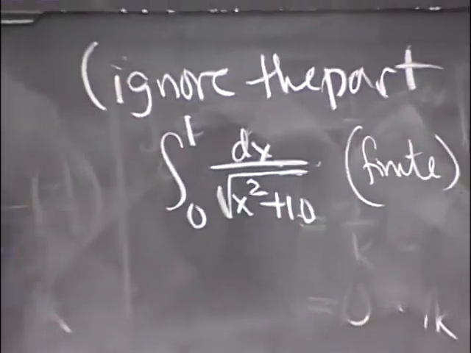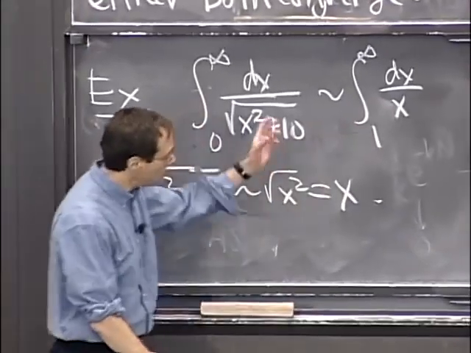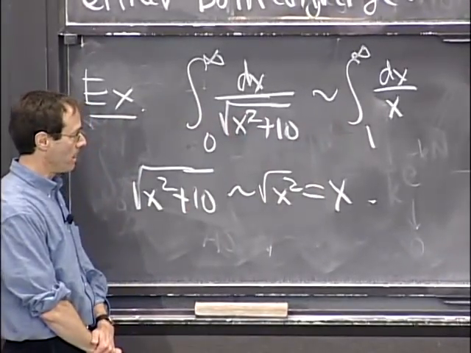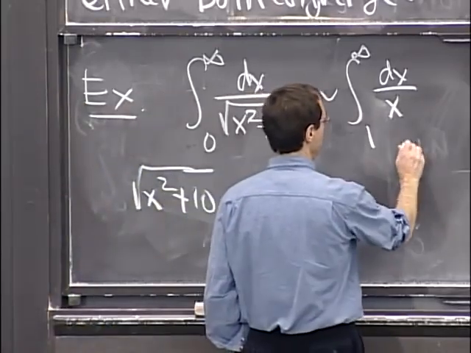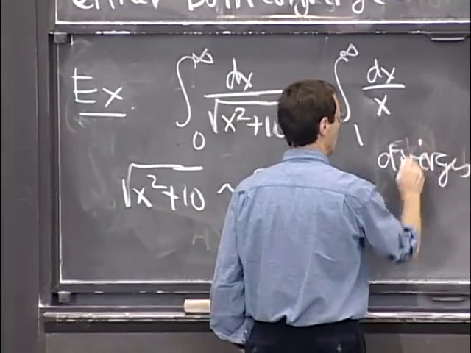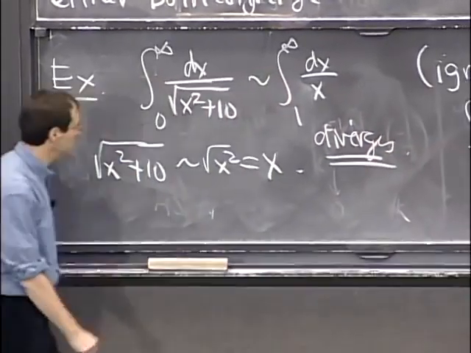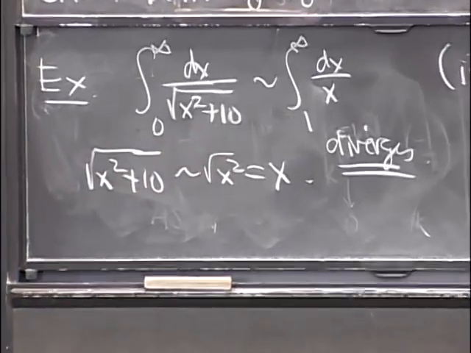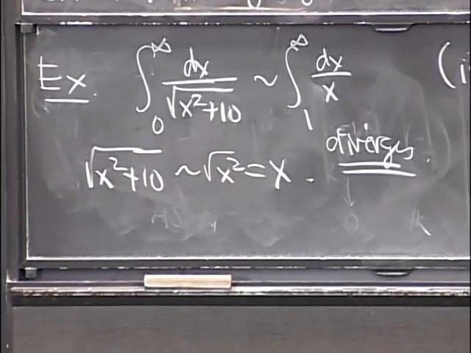Whereas, unfortunately, the integral of dx over x will have a singularity at x equals 0, so we can't make the comparison there. All right? Anyway, this one is infinite. So this is divergent, using what I knew from before.